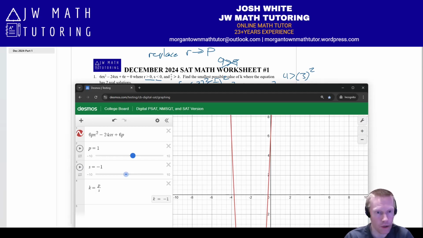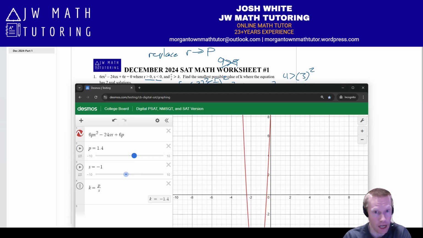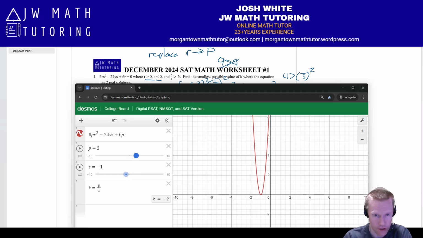I'm going to see what my smallest value of K is which will still give me two real solutions. Notice as I'm making P, i.e. R, larger, that is technically making K smaller. It's going to -1.8, -1.9, and so on. Notice right here at -2, it has one real solution.